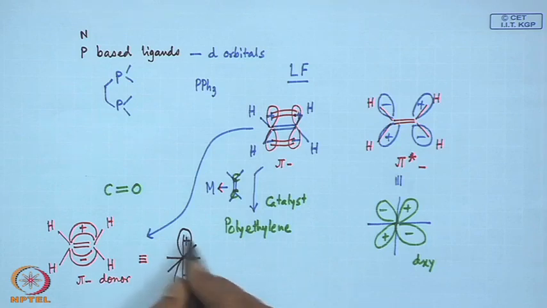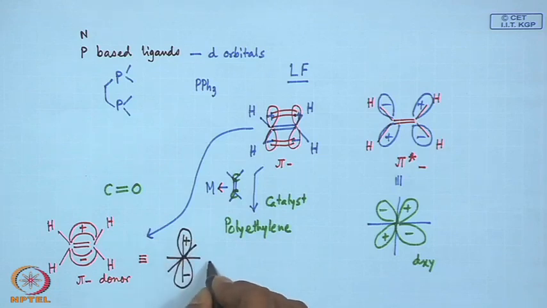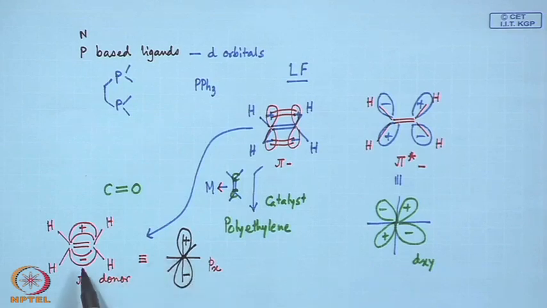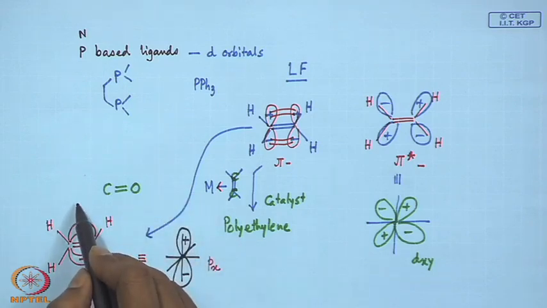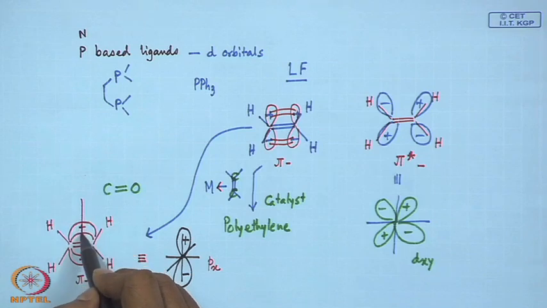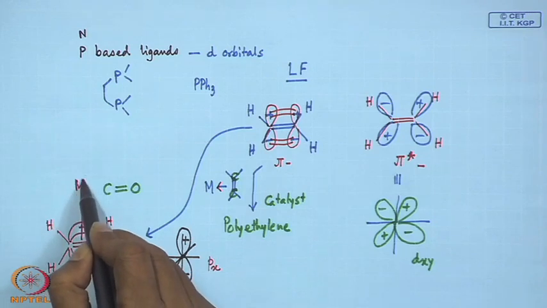As we all know, the p orbital, if it is in this particular direction, the x direction or y direction, if it is the x direction it is the px orbital. So, it has the matching symmetry. Like our oxygen or nitrogen, the filled electron density from the px orbital is being donated to the metal center. Similarly, this ethylene can donate the electron density to the metal orbital.